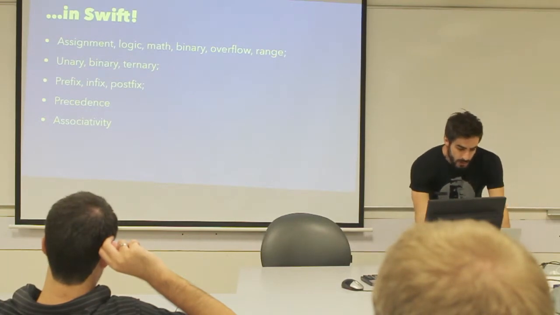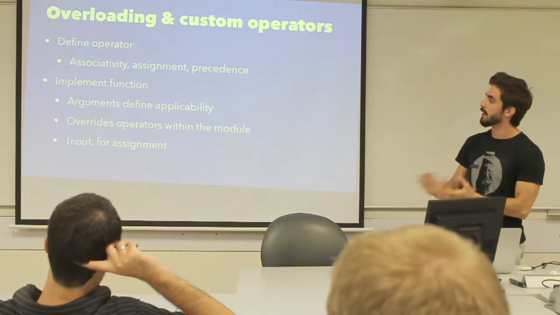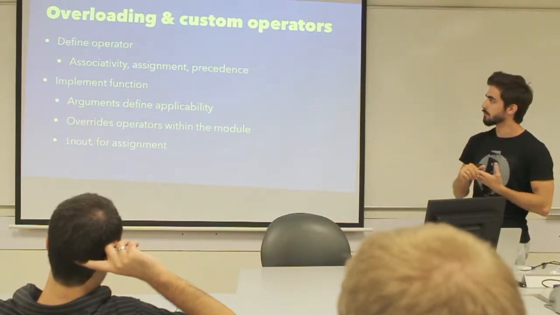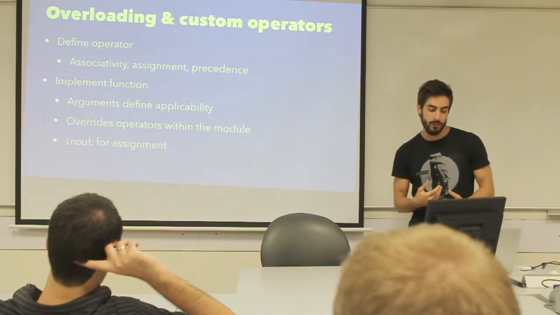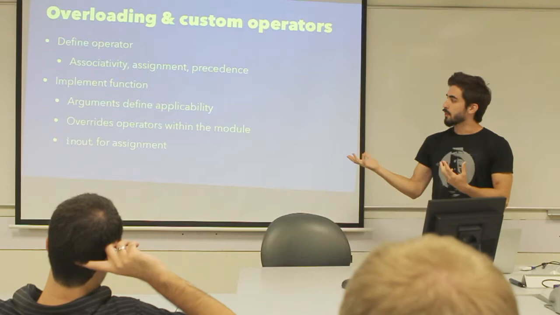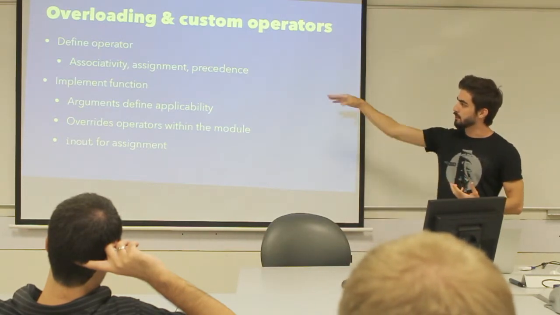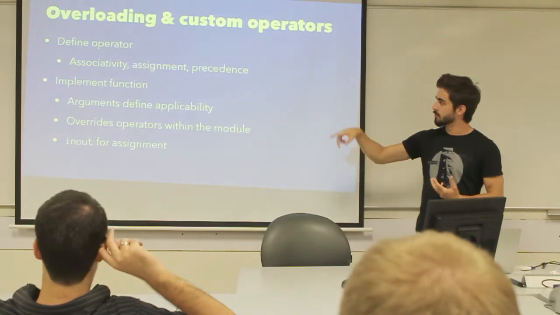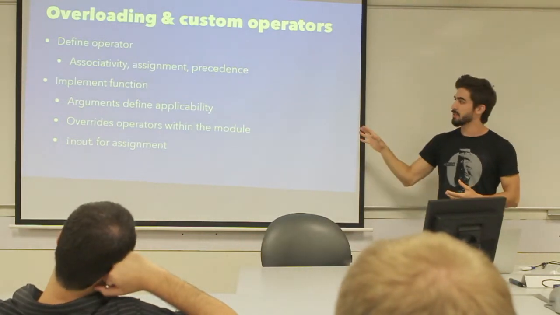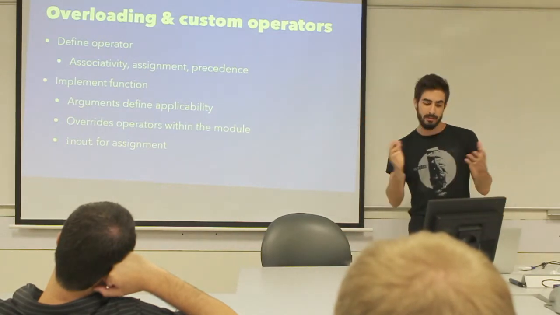Okay? So what is really cool about Swift is that finally we are allowed to overload the operators and write our own custom operators. For that, you need to define it. You have to specify all these things that we just spoke about, and you need to implement the function. This is pretty much like Objective-C, where you have your header and implementation.